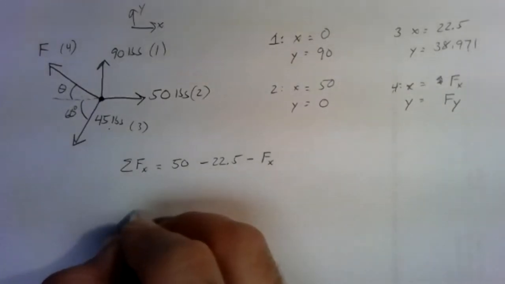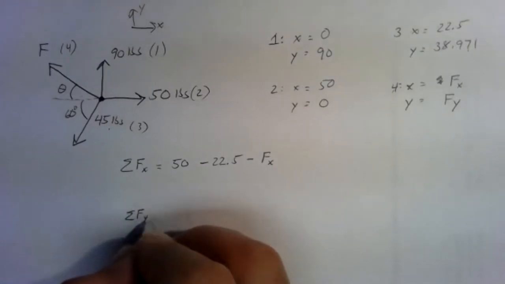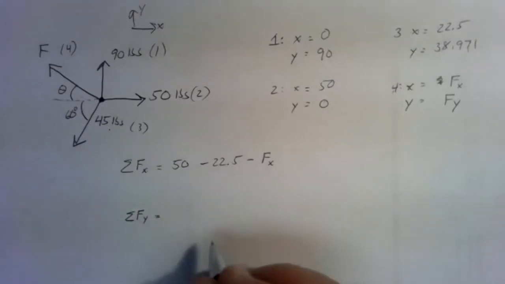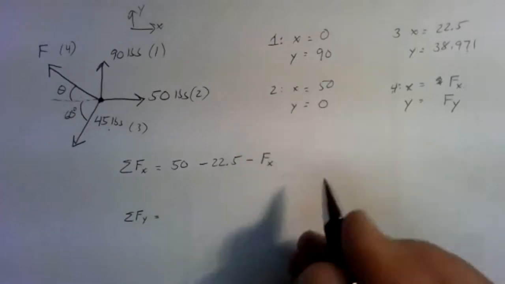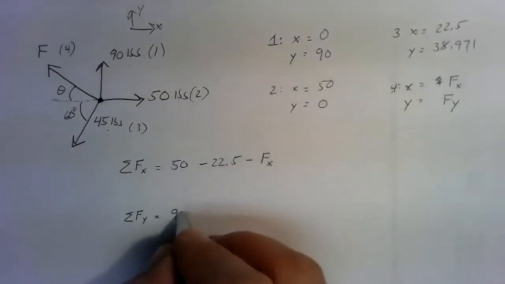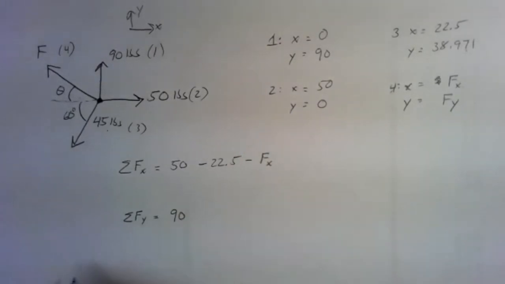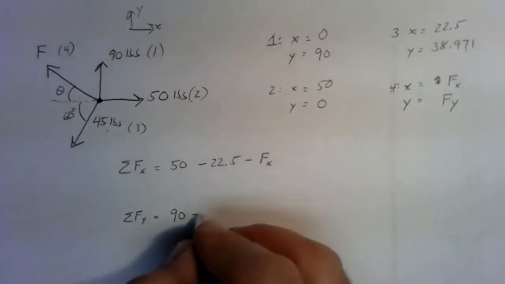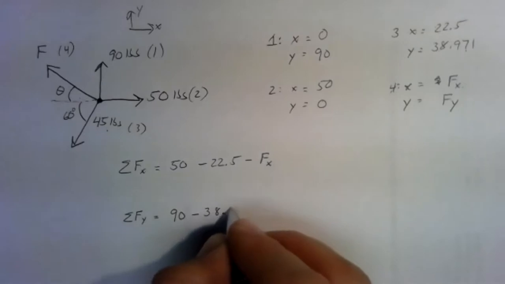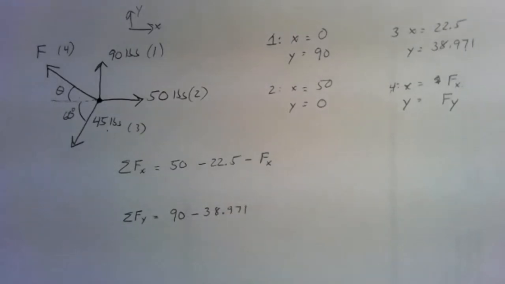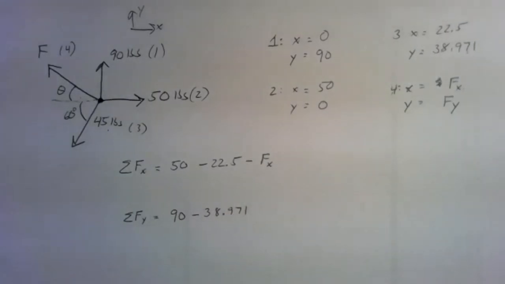Do our sum of forces in the y direction. We've got, from vector 1, 90 up, so positive 90. From vector 3, we've got 38.971 down, so negative 38.971.